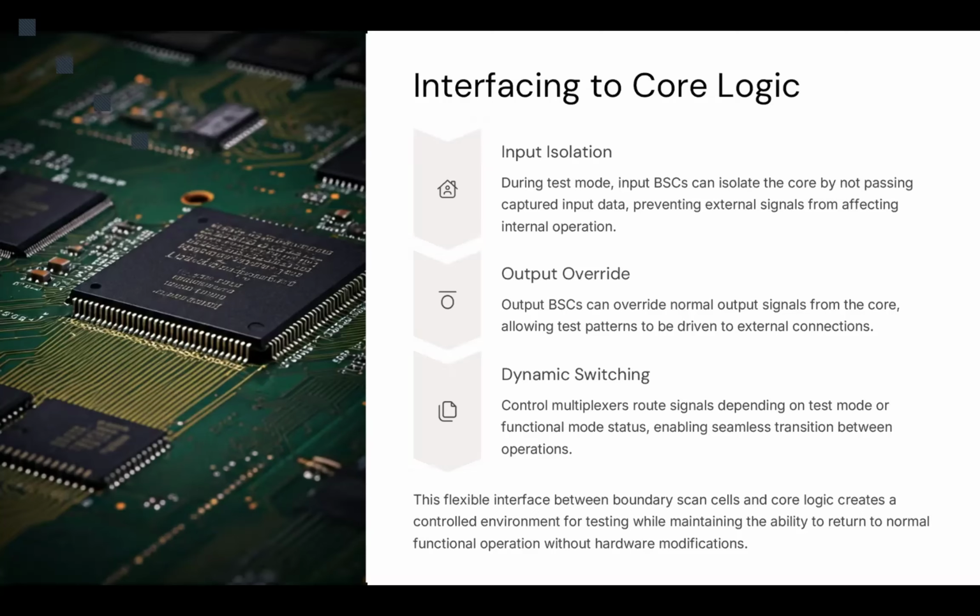The output boundary scan cells can override the core-generated signals and force specific values onto each output pin. Again, in that mode the multiplexer chooses the scan path, so it allows the scan-injected values to be driven into the external pins.